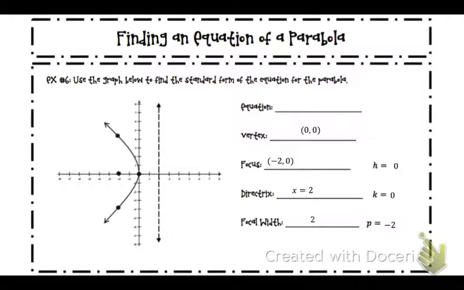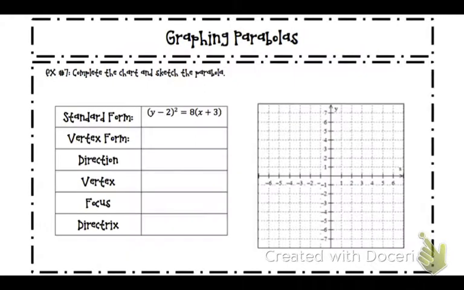And my focal width, that's just the distance from the vertex to the focus, is 2. Now my equation here, the vertex is at 0 and it opens left, so it's going to be x equals 1 over 4 times -2 y squared, which is -1/8 y squared. Cool?